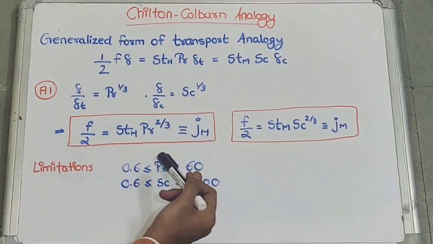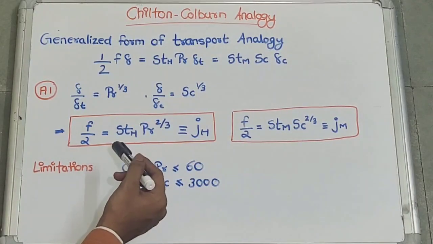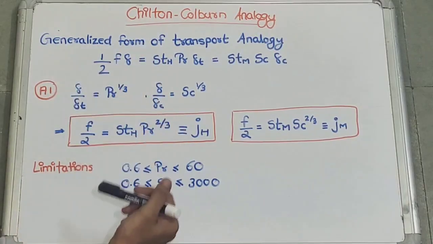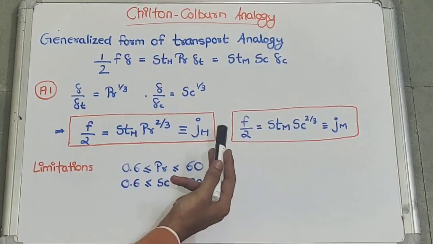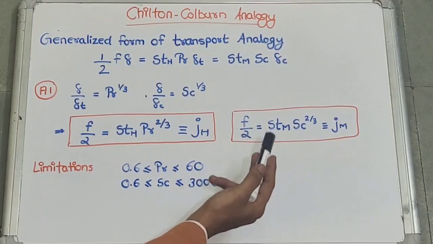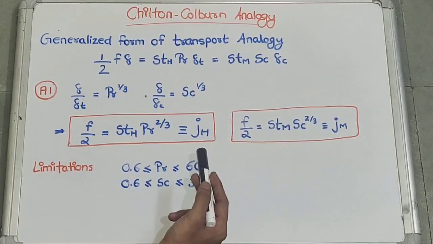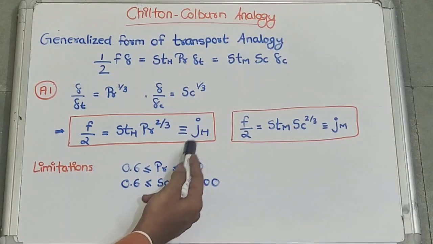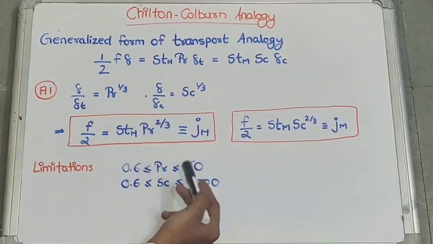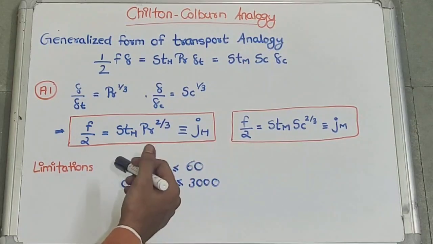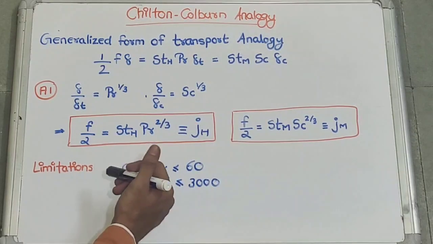Similarly, we get another equation by substituting delta by delta C is equal to Sc to the power 1 by 3 in the generalized form equation, and we get f by 2 is equal to Stanton number for mass transfer multiplied by Schmidt number to the power 2 by 3, which is denoted as J_m. Now here J_H and J_m are the Colburn J factors for heat and mass transfer. This you have already studied in the first part of our podcast.